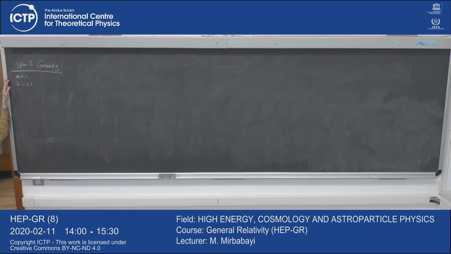We go to some particular frame in which the massless particle has a momentum p mu given by, say, (1 electron volt) times (1, 1, 0, 0). So it's a particle that moves along the x direction.